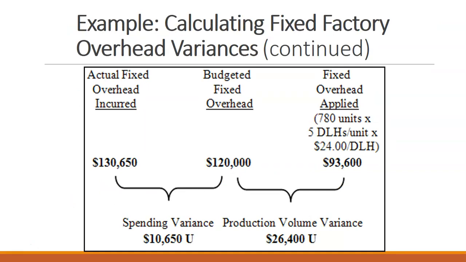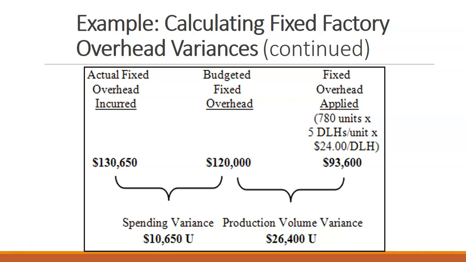So when we look at these examples, we have that our budgeted overhead was $120,000. Our actual fixed overhead incurred, so our actual spending, was $130,650. And our applied overhead was 780 units times the 5 direct labor hours per unit times our rate of $24 per direct labor hour.